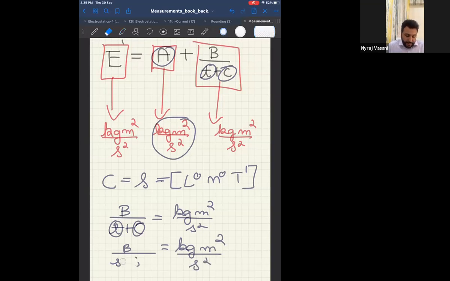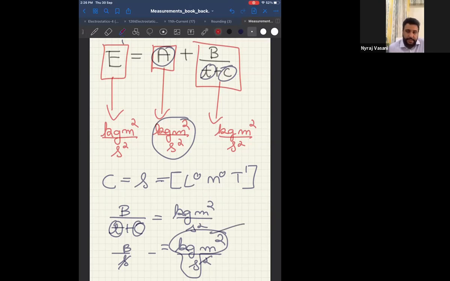Second plus second will be second itself. Because what is 4 Newton plus 4 Newton? 8 Newton. I don't say 8 Newton square. That means Newton plus Newton is Newton itself. Therefore, this second and this second will cancel, and you are left with kg meter square per second. Therefore, the unit of B will be kg meter square per second.